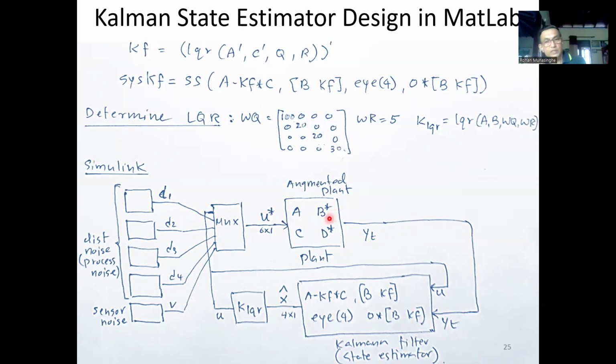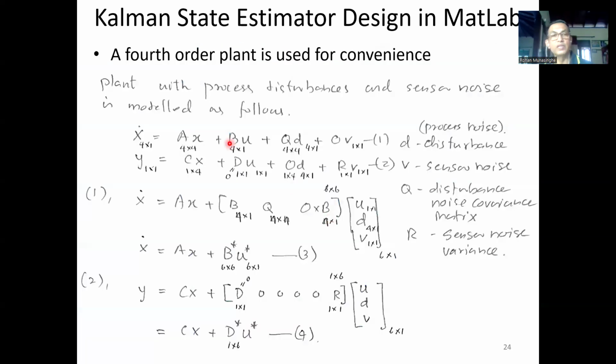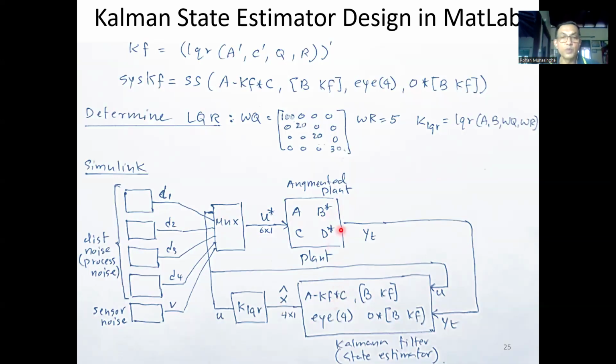The plant operates. The same plant over here. Equation number 1 and number 2. So it produces YT. YT is the true output, which goes to the Kalman filter. And this is the control signal, which also goes to the Kalman filter. And the Kalman filter knows about the plant. You can see it over here, A, B, etc. It knows it. And it produces an estimate.